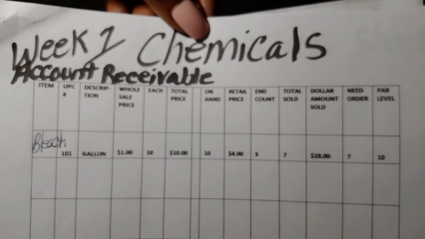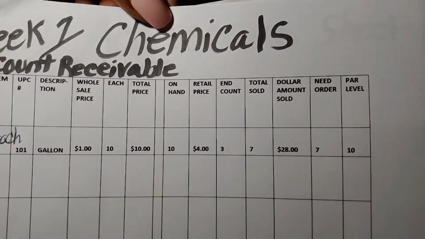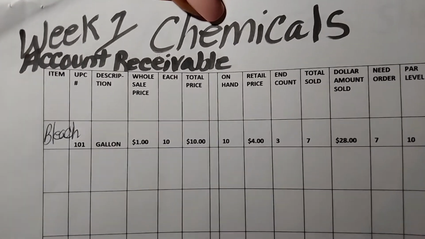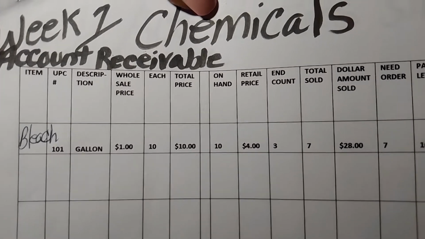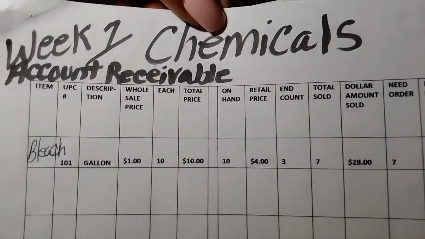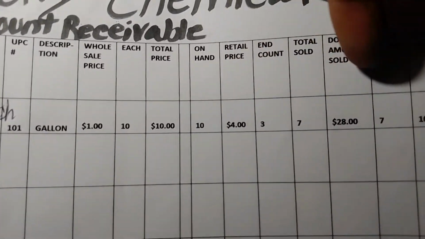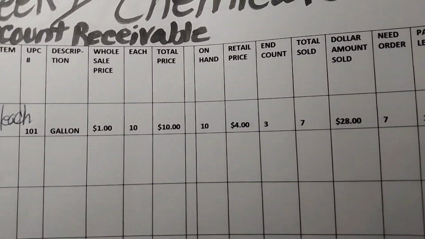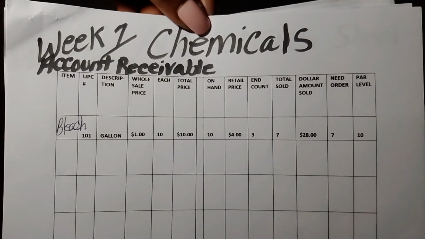So just remember that. And we're not going to worry about this side yet, because we haven't got to that side. Right now we're just putting in the bill or invoice, whatever you want to call it. This side here is the side that we're putting our delivery on. So you don't have to worry about this side until we start counting inventory, okay? But right now, that's it, okay?